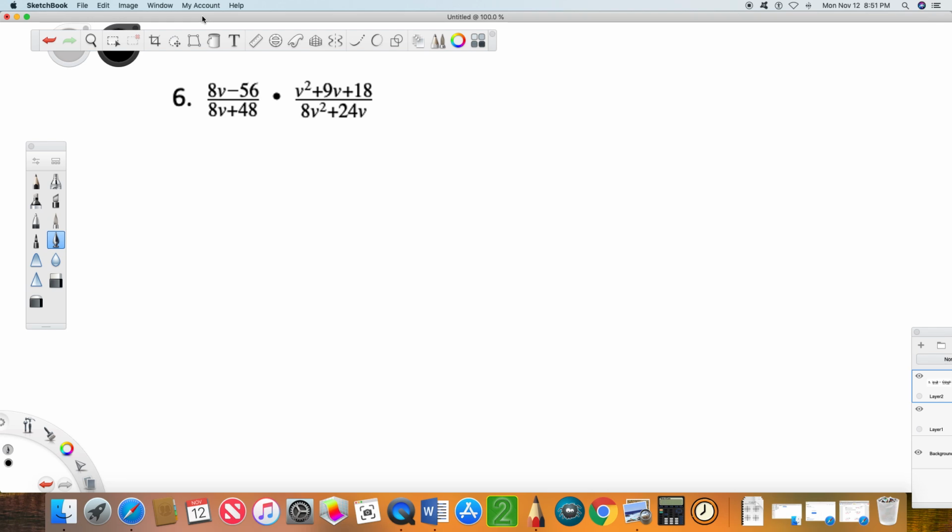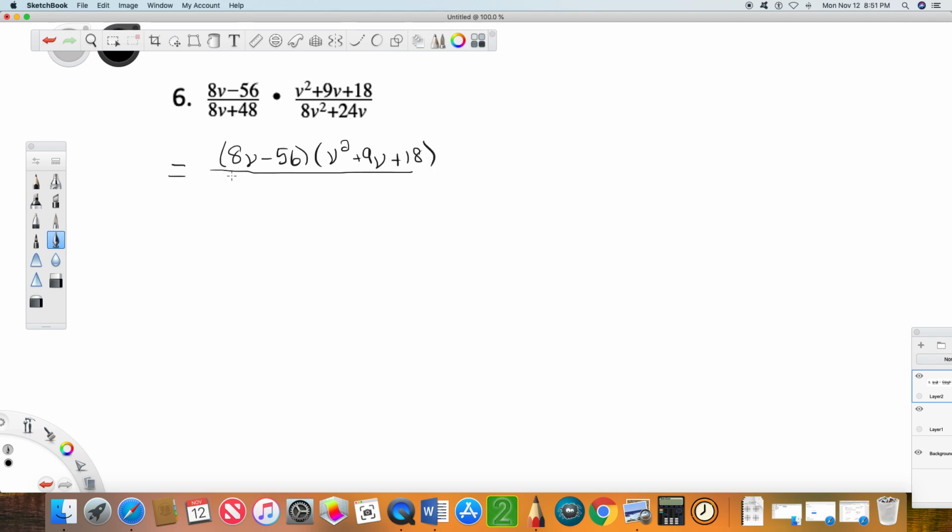Let's start out, though, by simply taking these two fractions and writing it as a single fraction. Multiplication of fractions is pretty easy. You just multiply the two numerators together and multiply the two denominators together. So we have 8v minus 56 times this trinomial, v squared plus 9v plus 18.